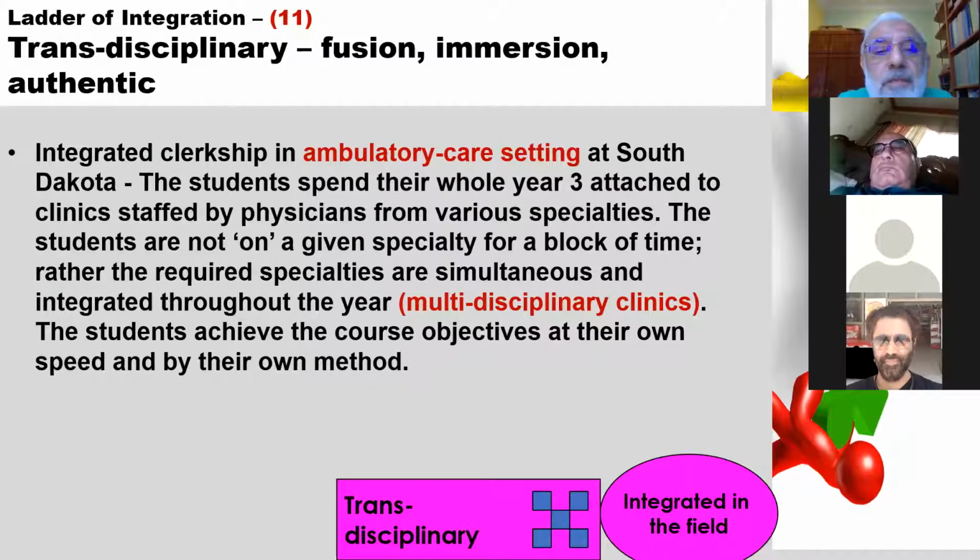Another example is in South Dakota, where integrated clerkship is in an ambulatory care setting. That is, the clinical years are spent in multidisciplinary clinics. So there's no one specialty, but there are multiple specialties running a clinic, and students go through that. So this is the final level, where actually there is no single discipline or department involved.